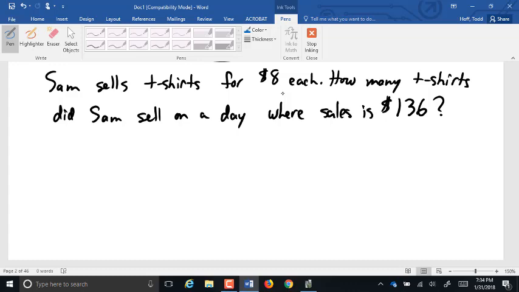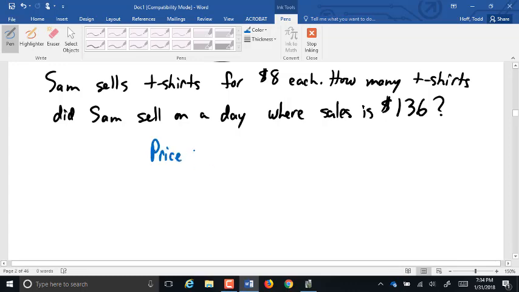Here's a case where there is a standard concept out there that applies to this problem. And that is a price per item times the number sold equals total sales, total revenue, if you want to put it that way.